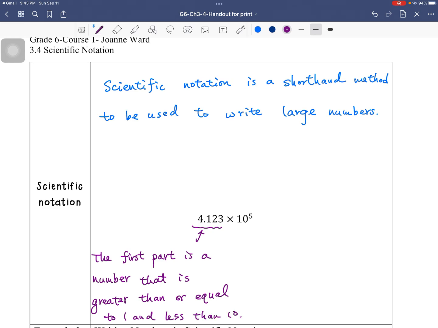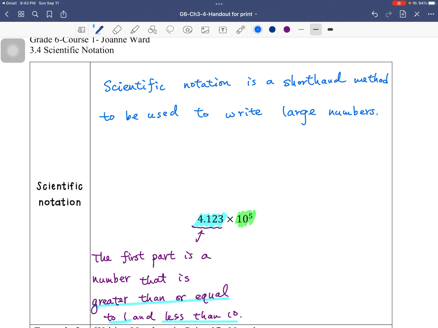So the first part of the number has to be greater than or equal to 1, but less than 10.